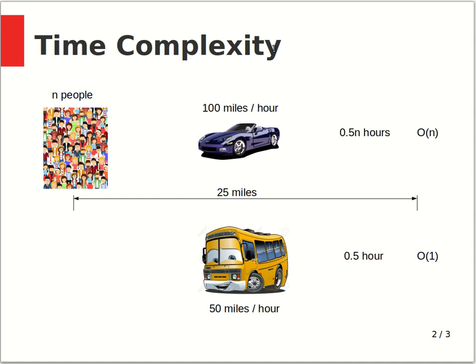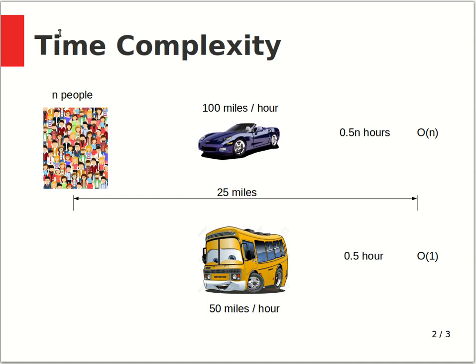So let's look at this particular example. Suppose we're trying to move a number of people, say n people. This n could be like 100, could be like 2, it depends. So n is basically the size of the problem.